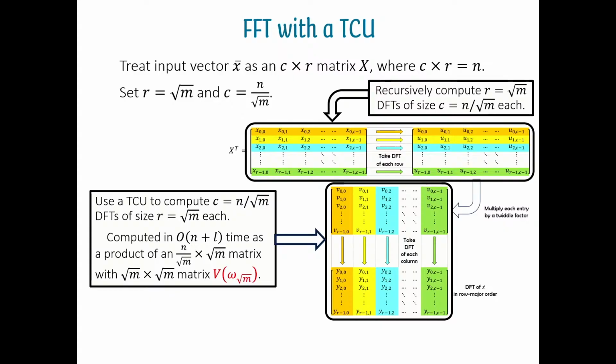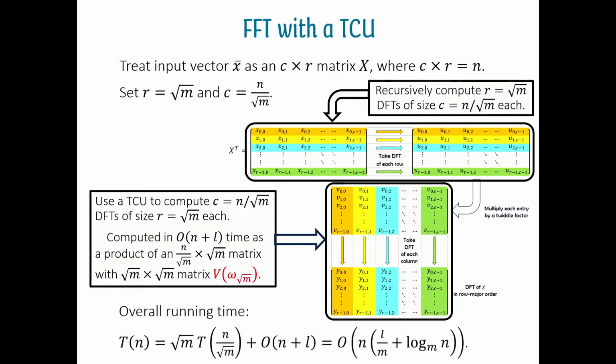So that is the tall matrix, and the right side is the square matrix. If you do that, it will take n plus L time. If you put everything together, this is the recurrence: T of n is equal to square root of m times T of n over square root of m plus O of n plus L. And it turns out to be n times L over m plus log n to the base m.